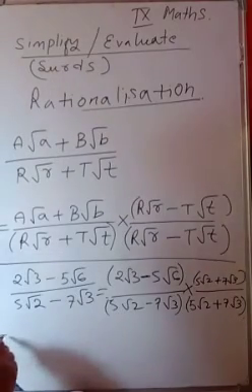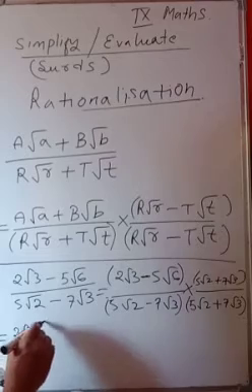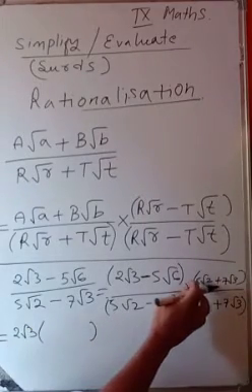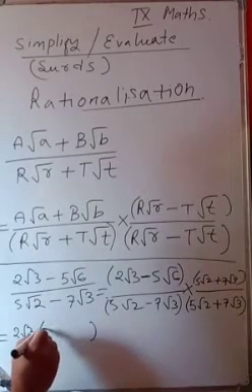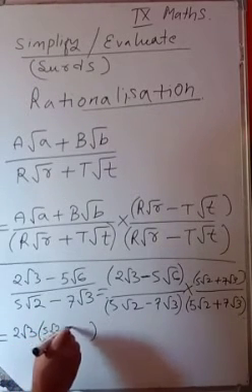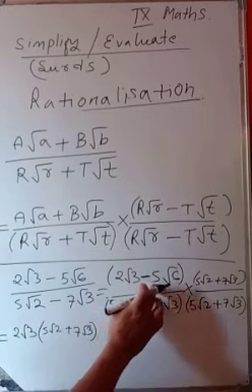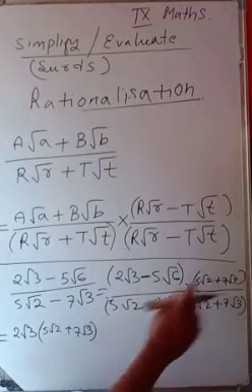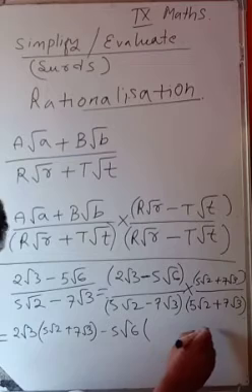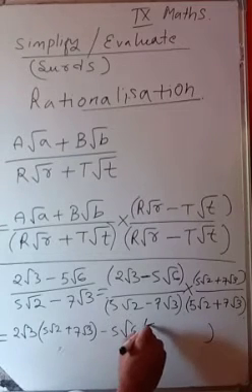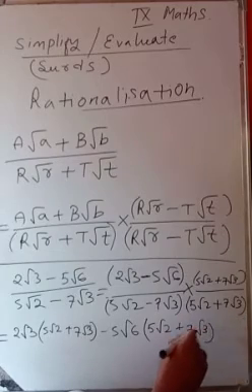This is 2 root 3 multiplied by 5 root 2 plus 7 root 3. Next, minus 5 root 6 multiplied by 5 root 2 plus 7 root 3.